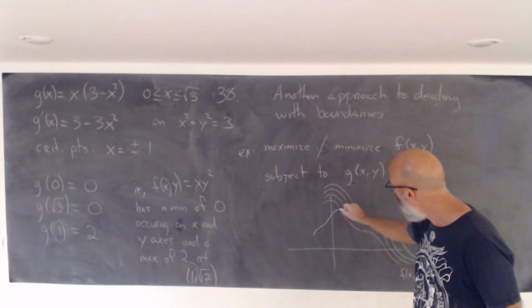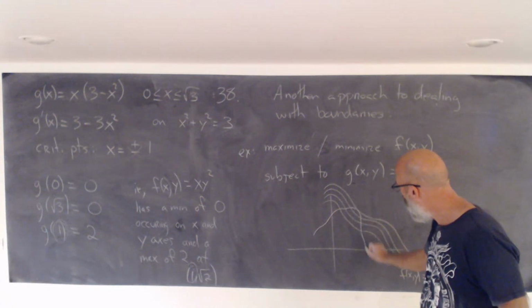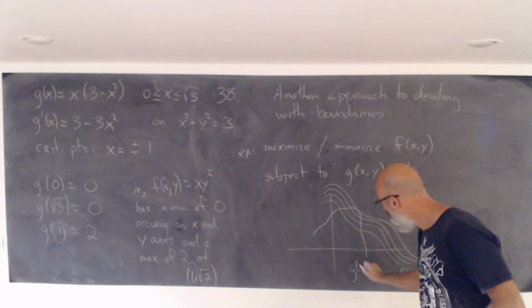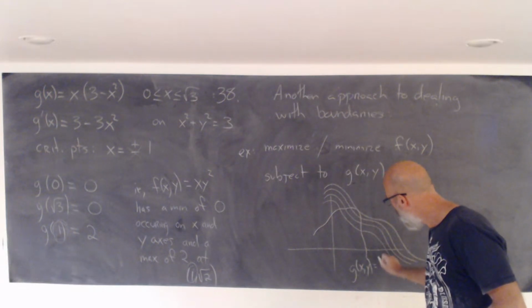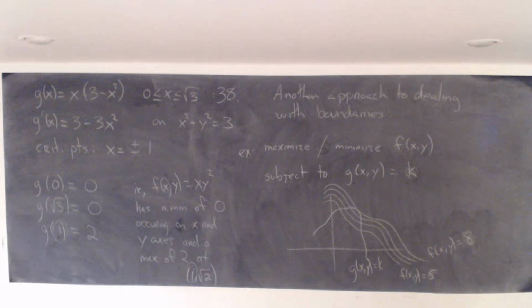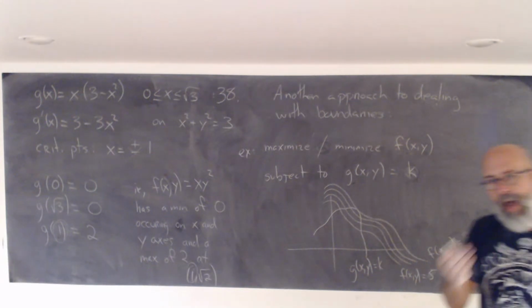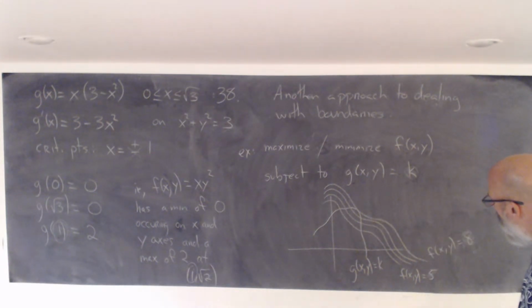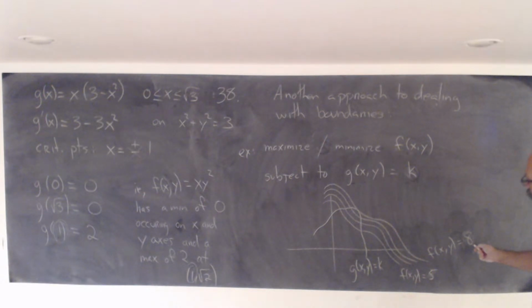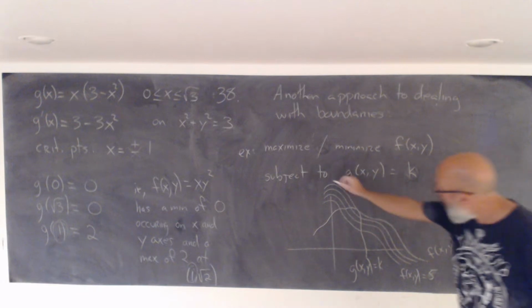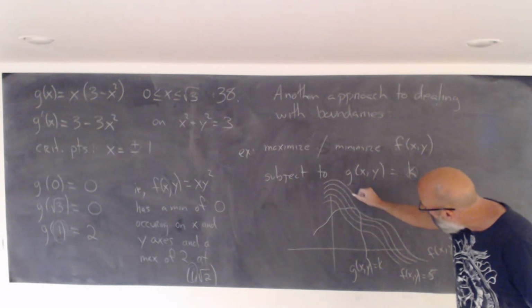So g is equal to k. Really, we're asking the question, what is the largest level curve that this will intersect?